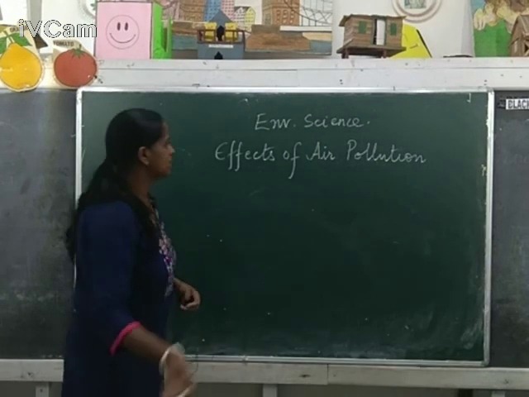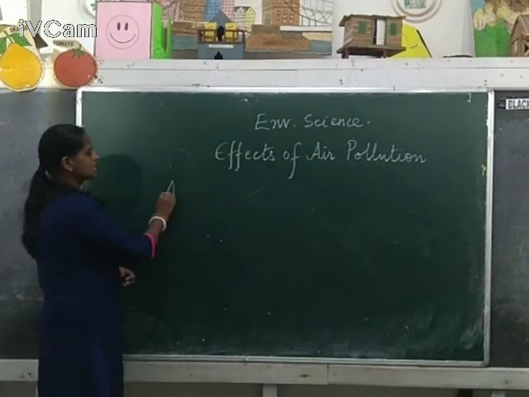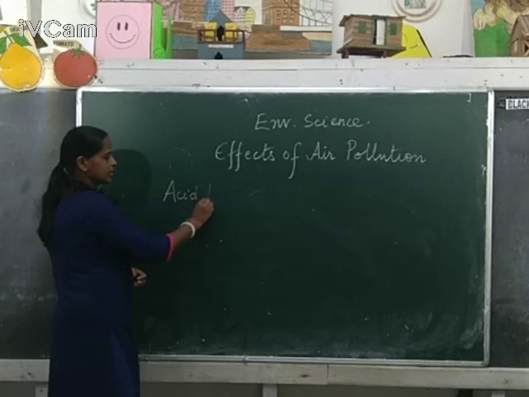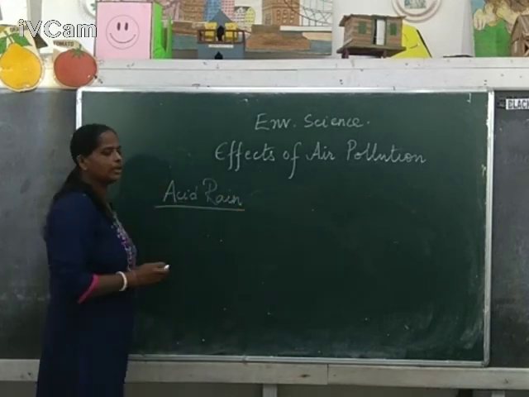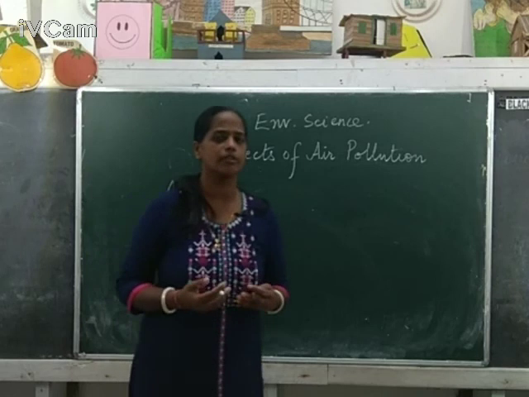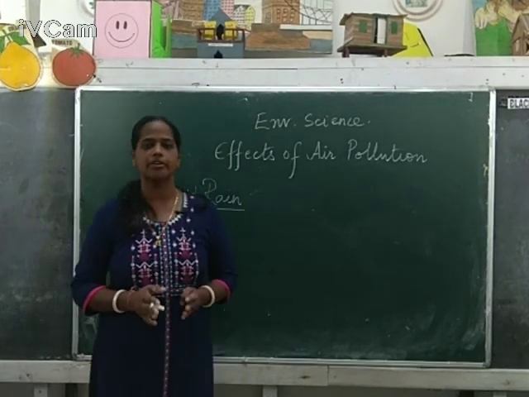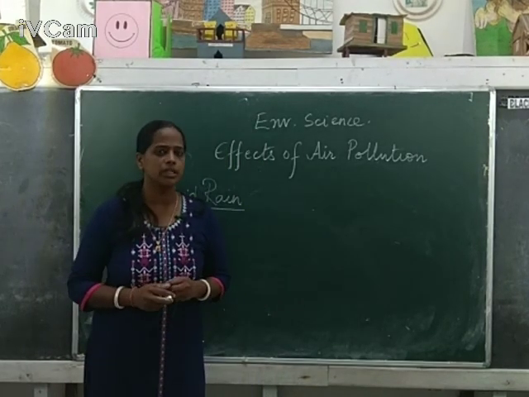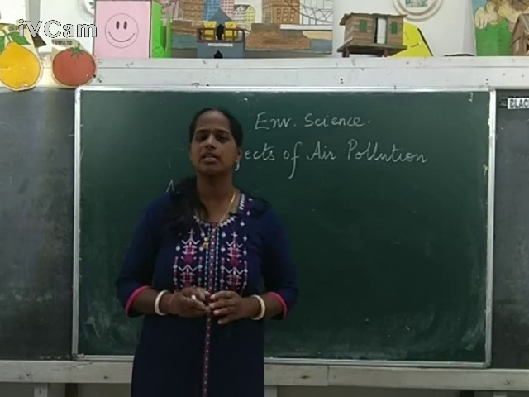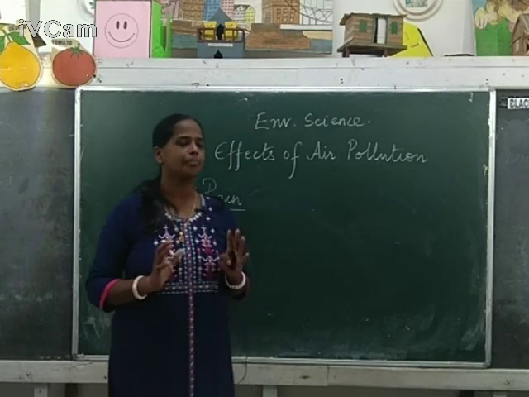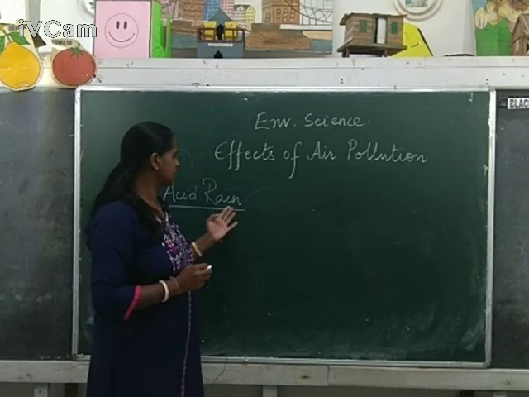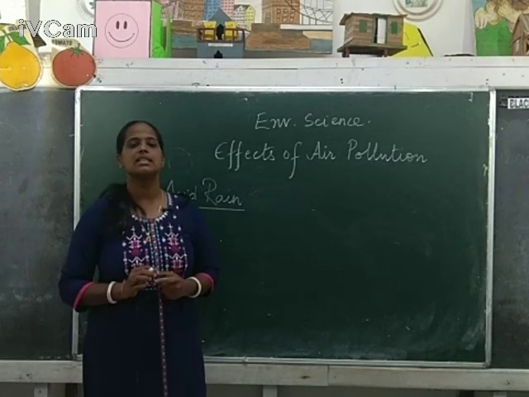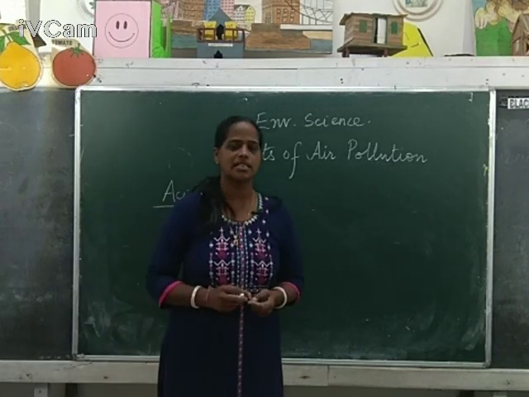The second effect of air pollution, as I told you, is acid rain. Now, acid rain, unlike global warming, is not a global phenomenon. It's a very rare phenomenon. It occurs only in heavily industrialized places, places which have a lot of industries. In those places, we experience this phenomenon called acid rain.